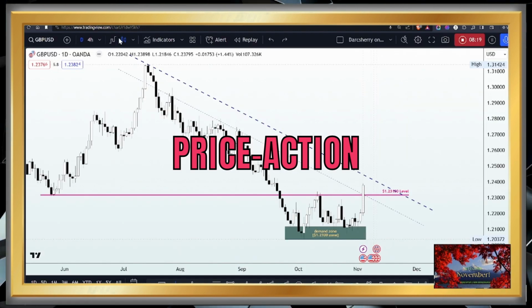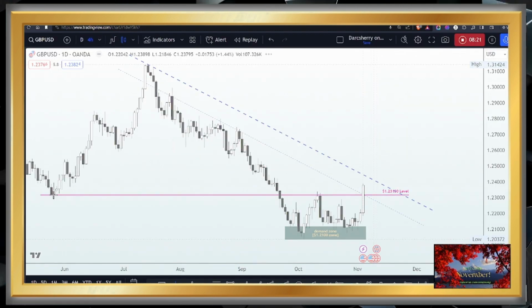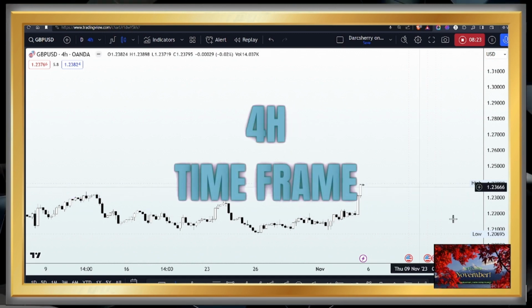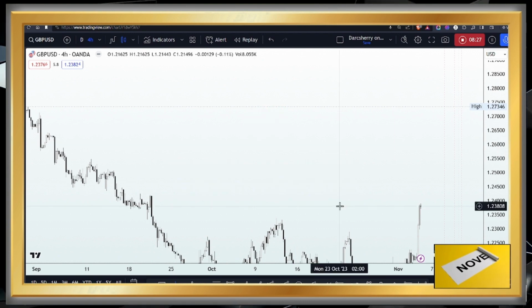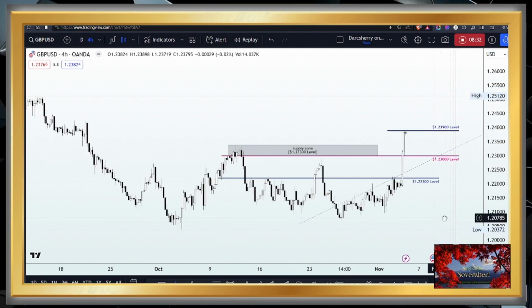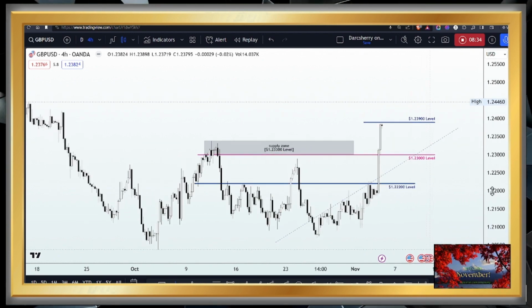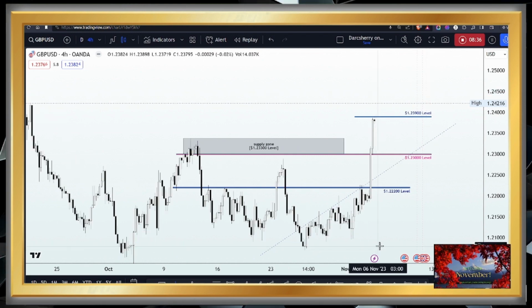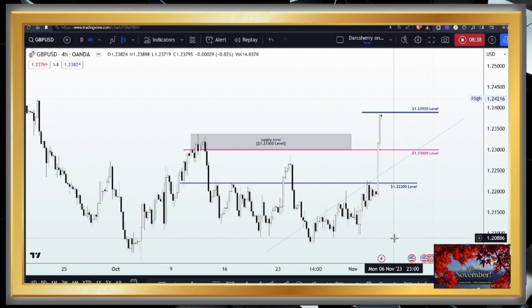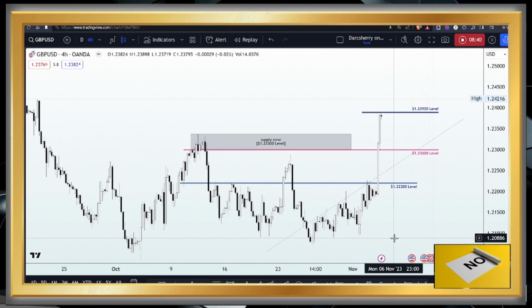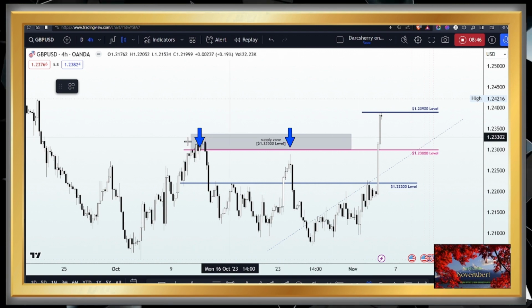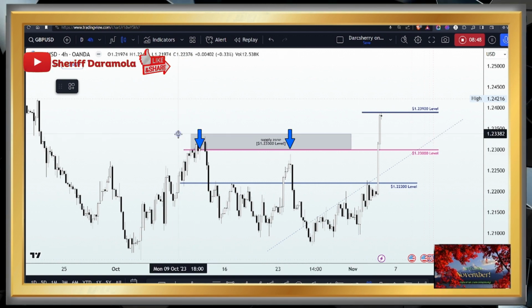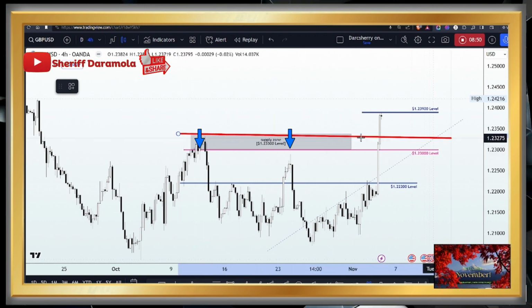So talking about price action, let's scale down into the 4 hours time frame, and this is what I was able to come up with. Now, if you look at the structure, what I did was to take into consideration the nature of price action throughout the month of October, and in fact, we finally saw price breach that 1.2300 level, which I identified on the higher time frame as my key level.